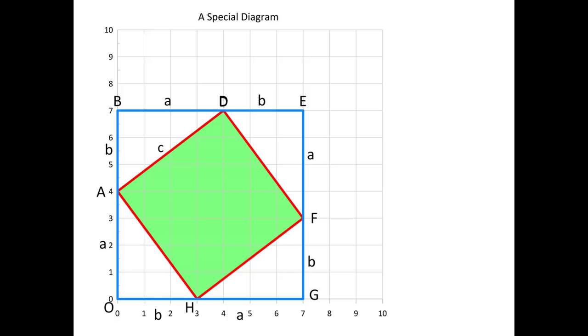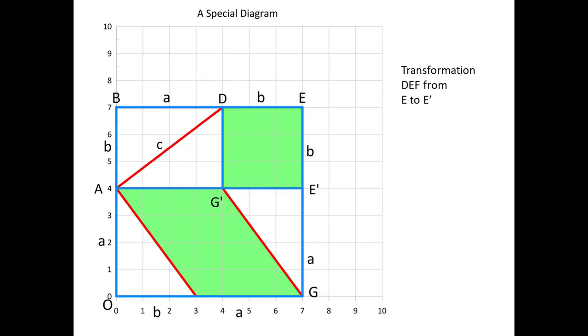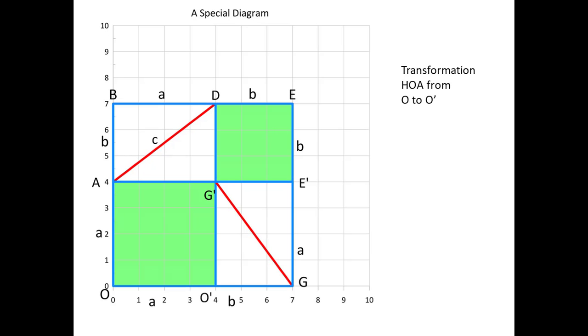The first one is going to be that lower right corner being shoved up to the upper left corner, and then the upper right corner drops to the lower right corner, and then the lower left corner shifts over to the lower right corner.